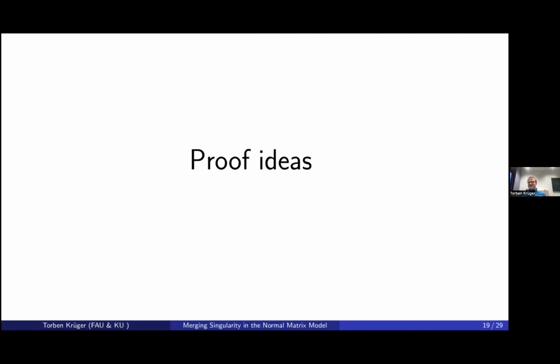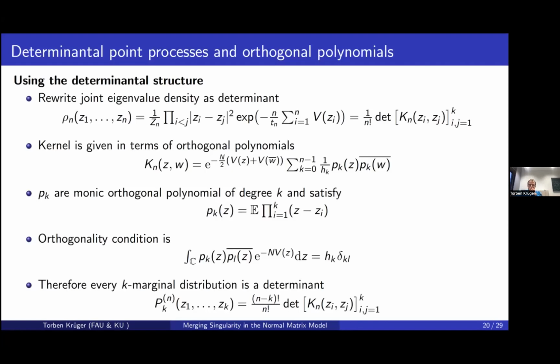So I will give you some rough idea of the proof. The proof is based basically on an explicit computation of the kernel in all these cases. So we use the determinantal point process structure of the model.